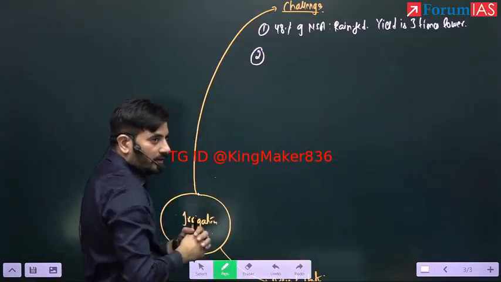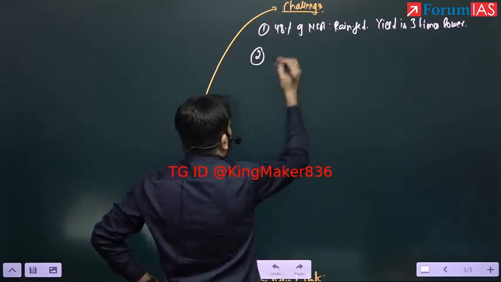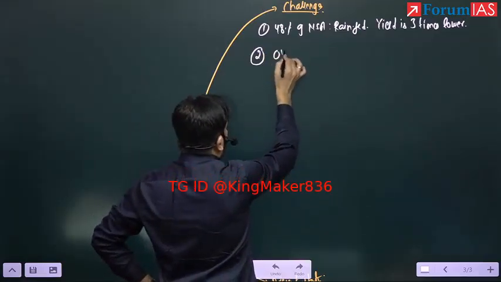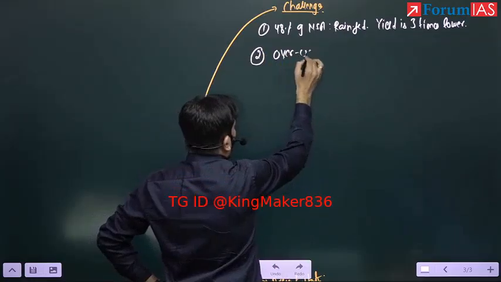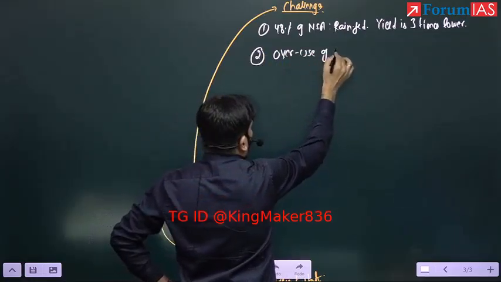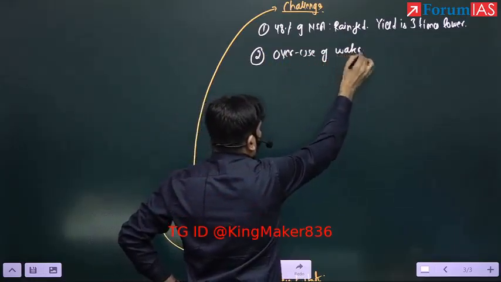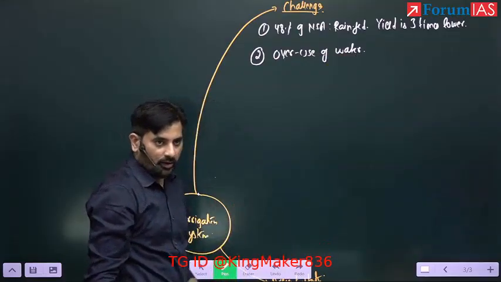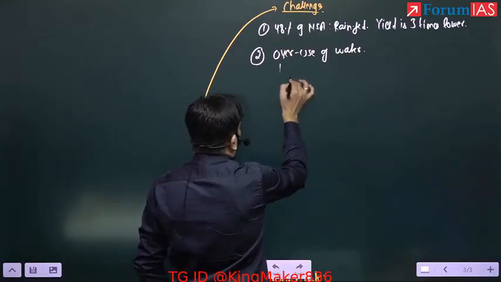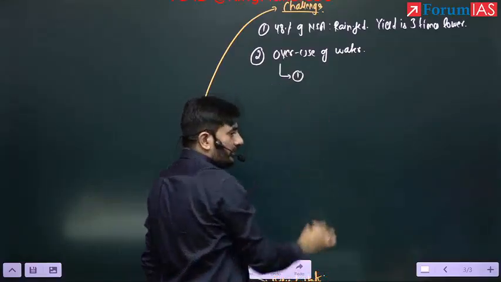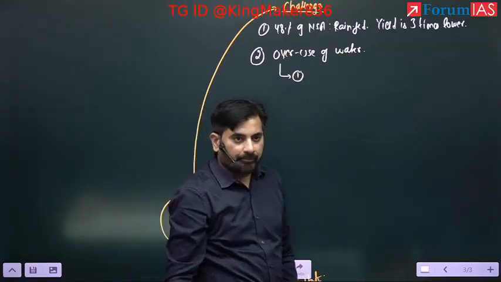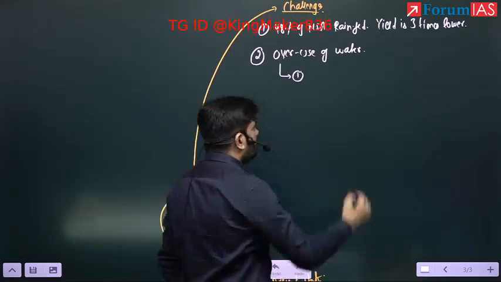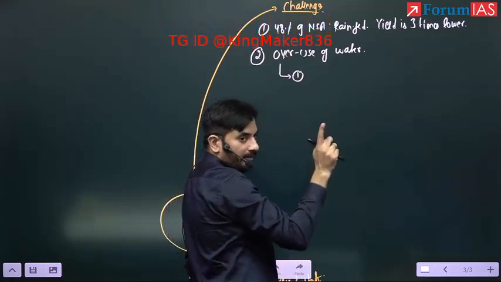Second, Indian agriculture is over using the water. Why is it overusing the water? Number one, yes. Okay. Let's start with the first one, cropping pattern.